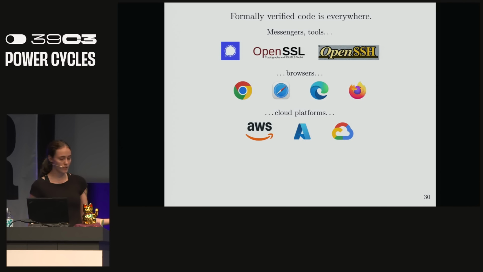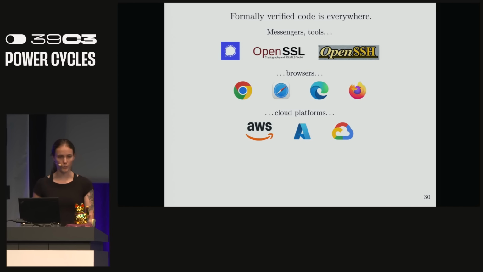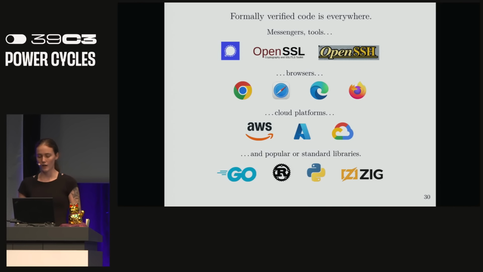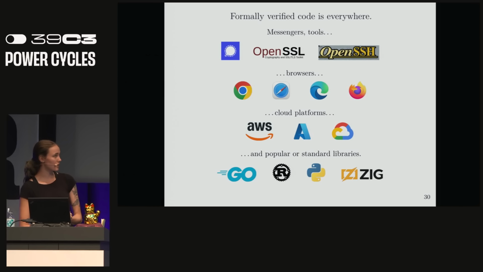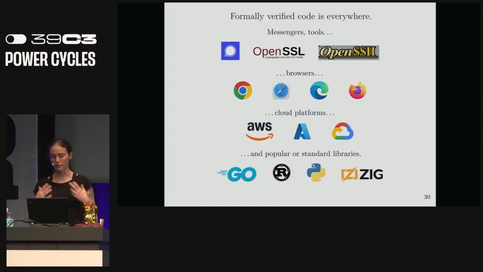Cloud platforms also use different components with formal methods in them. And you might even be using it in your own projects without realizing it. So the Go standard library, Python and Zig and Rust, they all have either the most popular or the standard cryptographic libraries have at least some components of formally verified code.